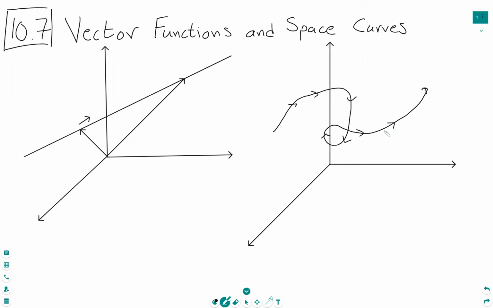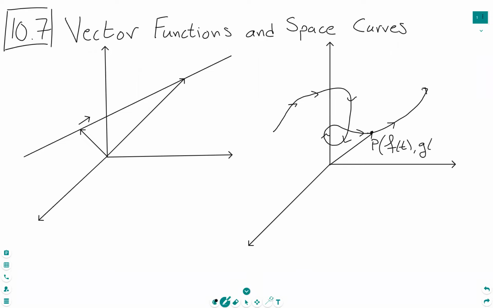And any point here, I might be able to characterize as a vector that's pointed to it. And we'll still call that R. But specifically, this point we'll call P, and it has some coordinate that might be defined parametrically as a function of t in each of its components.